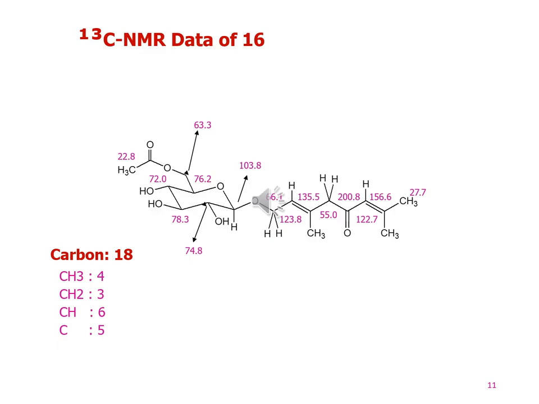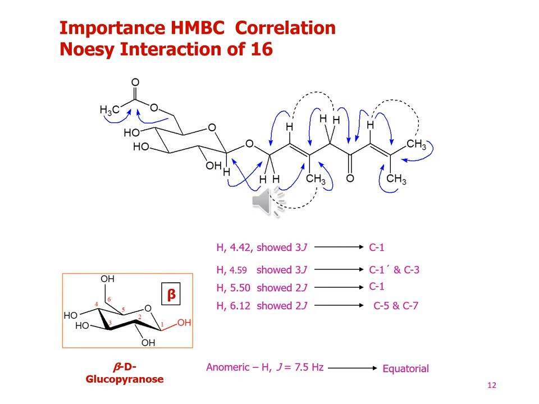So in the next slide we will discuss the HMBC and NOESY interactions of this molecule, which confirm the stereochemistry and the proton carbon behavior of the monoterpene glycosides, which would definitely be helpful to confirm the structure of this molecule. These are the important HMBC correlations and NOESY interactions of compound 16.